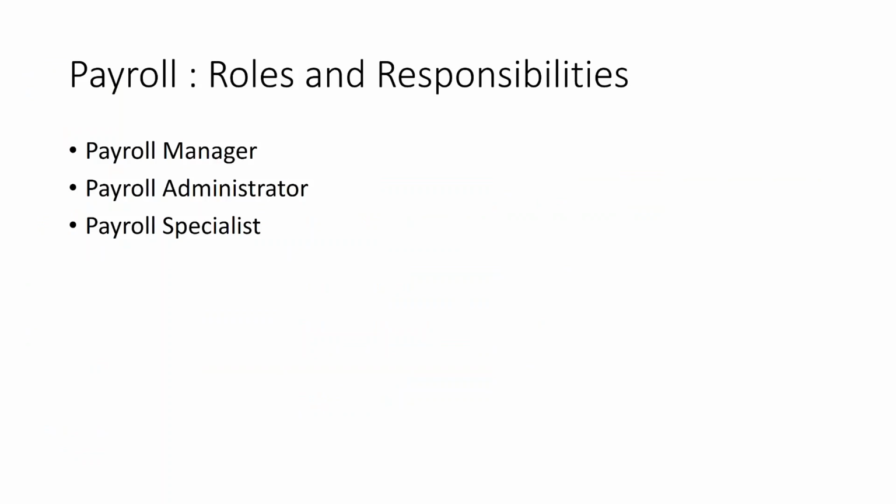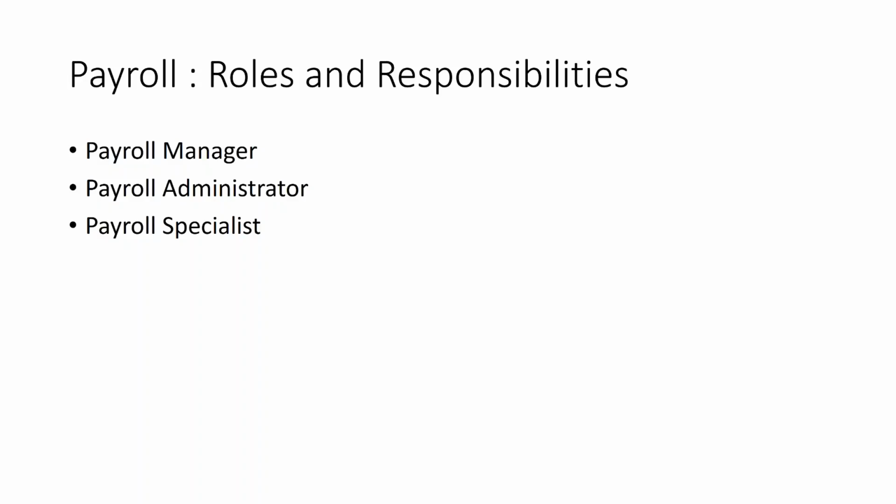Now, from the core HR sessions, I believe you are aware of how to attach roles to an employee and how to create data role on top of job roles. These are all job roles: payroll manager, payroll administrator, and payroll specialist. Now, for the payroll manager and payroll specialist, we need to create a data role. Payroll administrator is a job role which we can directly assign to the particular person.